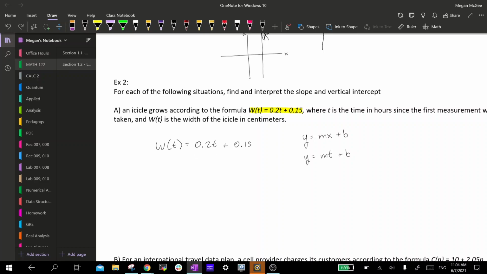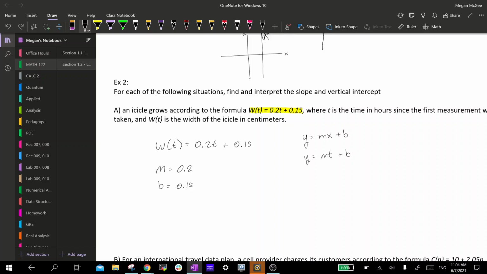So, based on our formula, our slope is our m value, and that is 0.2. And b is our y-intercept, remember? And that is where we are adding our 0.15.